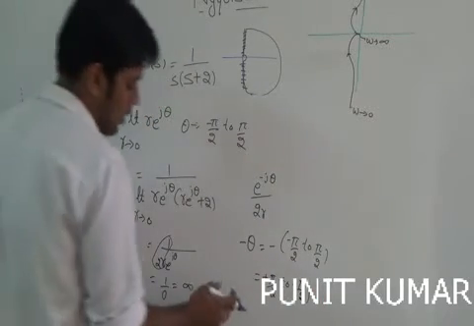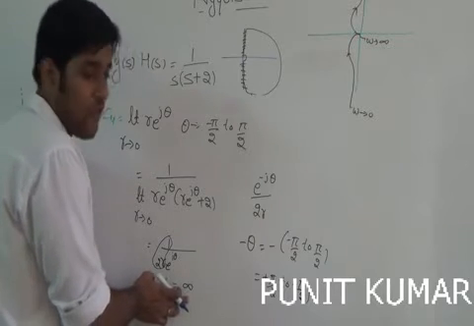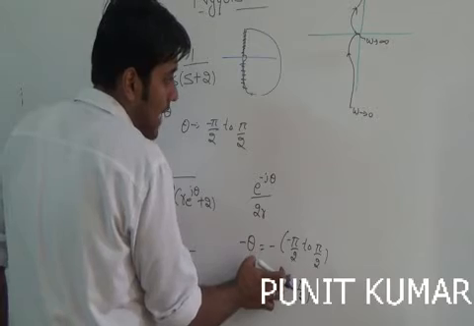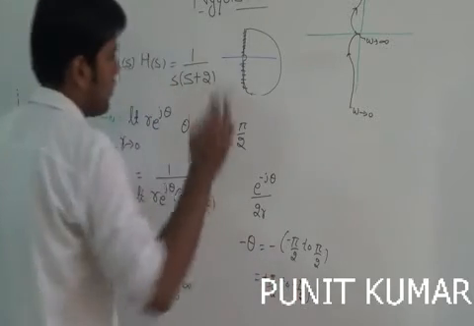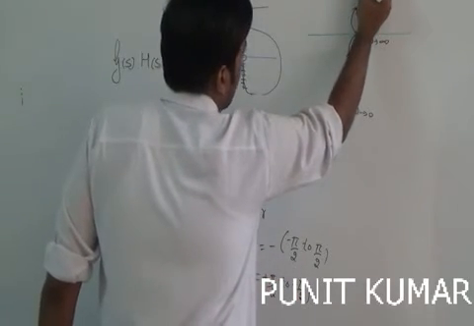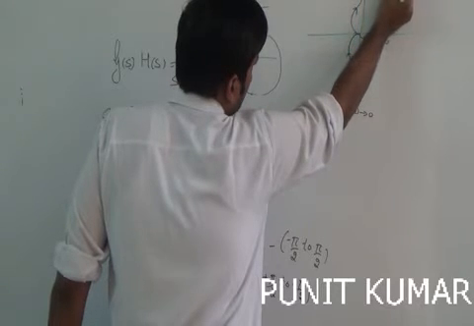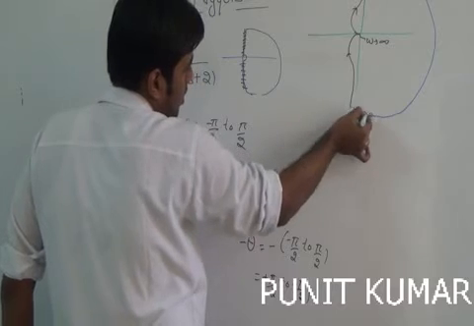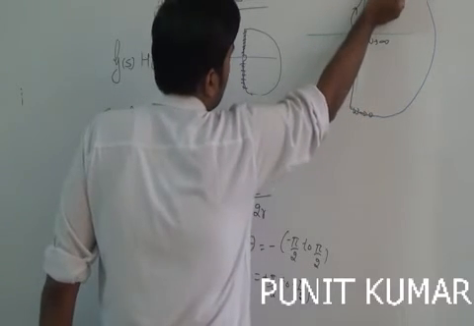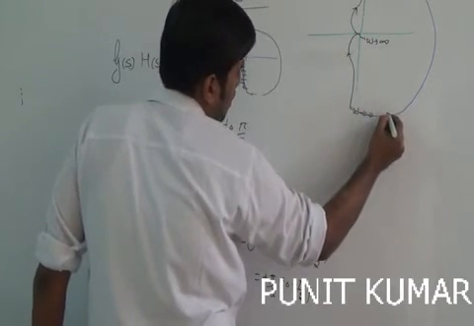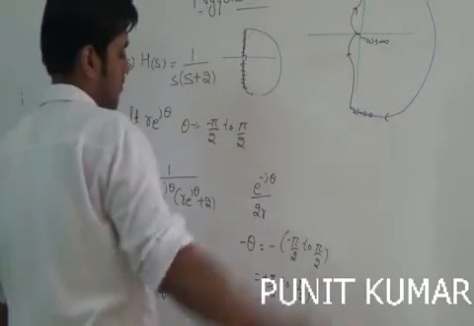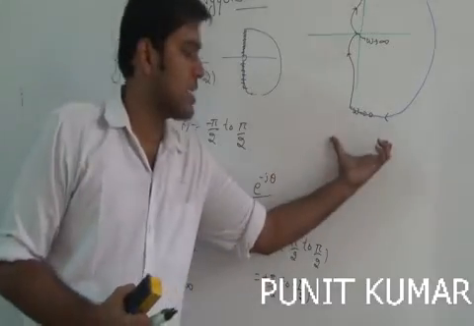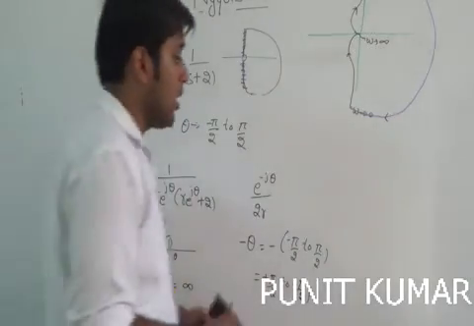So for C4, magnitude is infinity and phase is changing from plus pi by 2 to minus pi by 2. This will be its Nyquist plot or Nyquist contour.